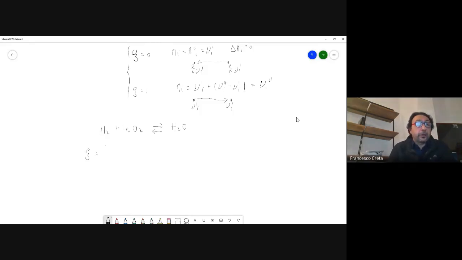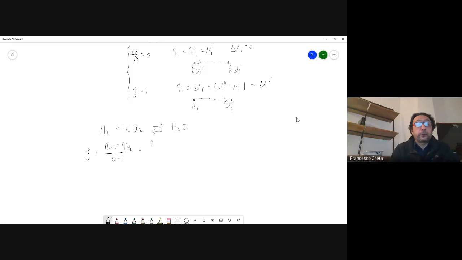So again, here you can define it either with the hydrogen. In this particular case, you have the delta N of hydrogen, the variation of moles of hydrogen, based on whatever initial composition you have, normalized by the difference of stoichiometric coefficients. In this case, it's 0 minus 1, because Ni double prime is 0, which is this coefficient here.